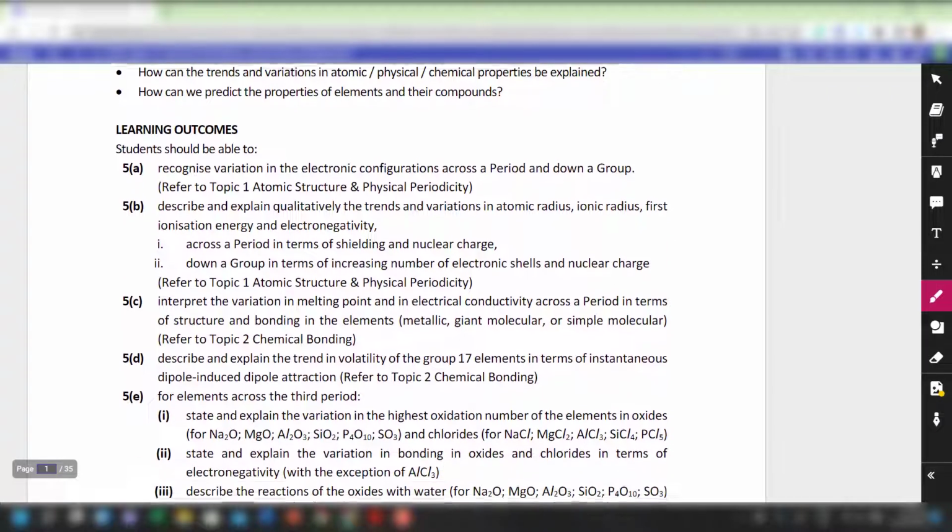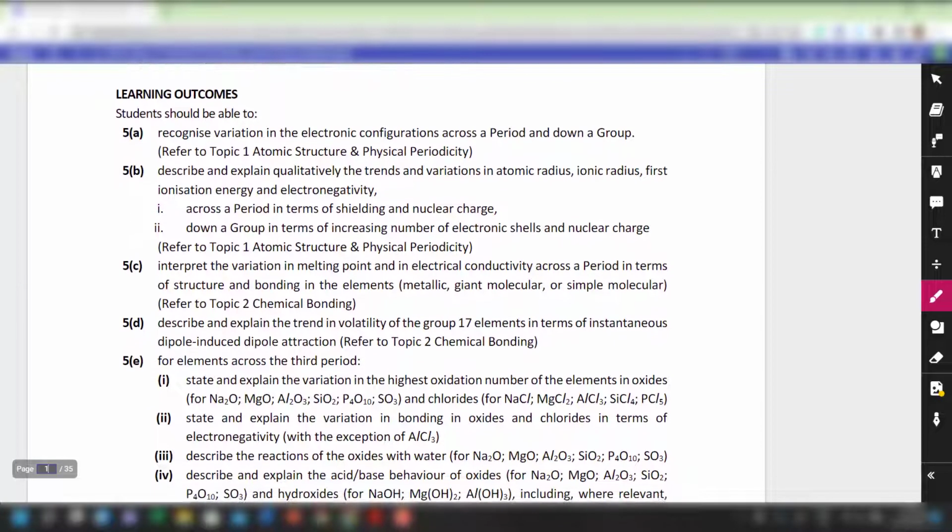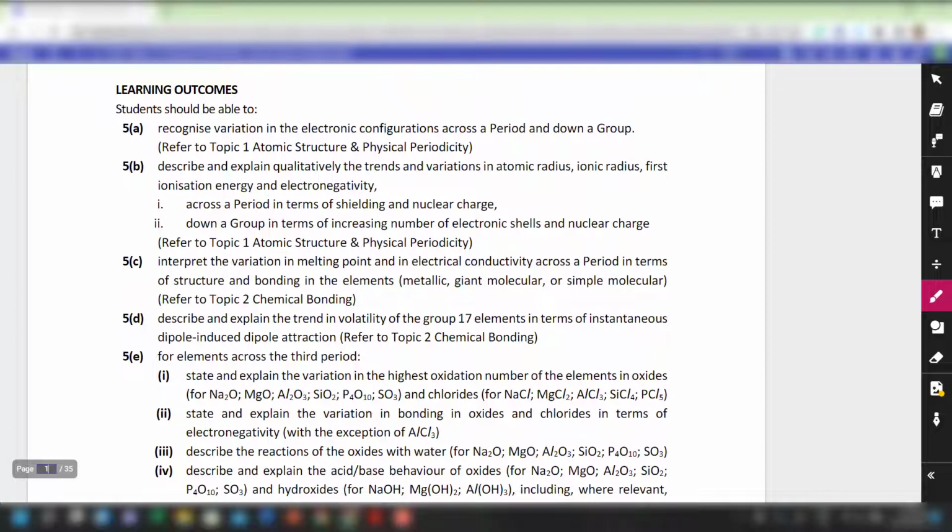Okay, so before we move on, let us look at some of the learning objectives, because after we have looked at the learning objectives, then you will believe what I've mentioned earlier on, that you are familiar with most of the contents in this particular chapter.